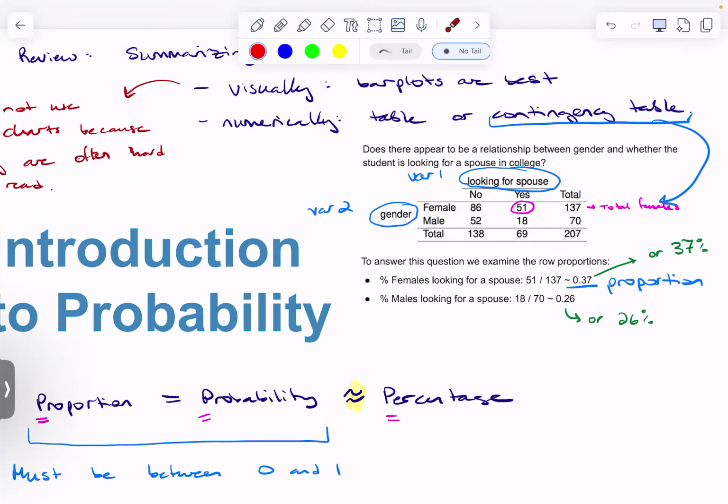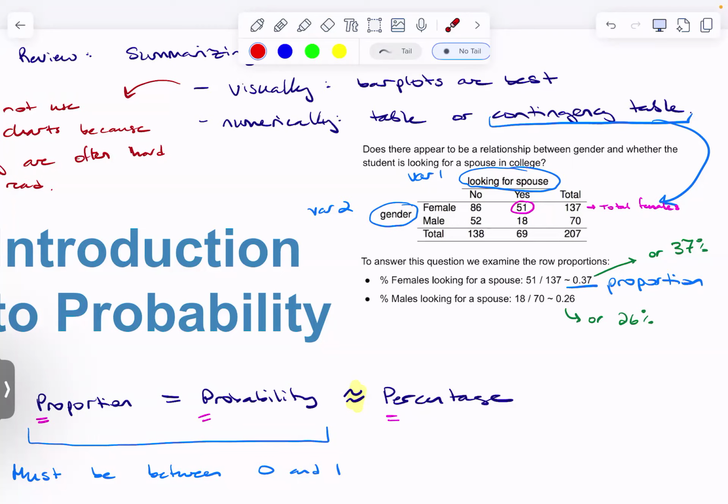Now, at this point in the game, we only have our gut feeling, right? When I look at 26 versus 37, I feel like those are quite different. We will develop numerical techniques to figure out if they are significantly different.